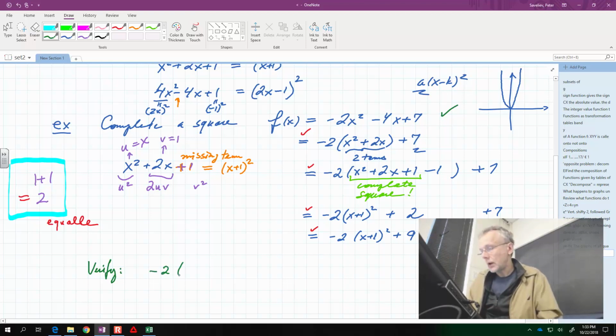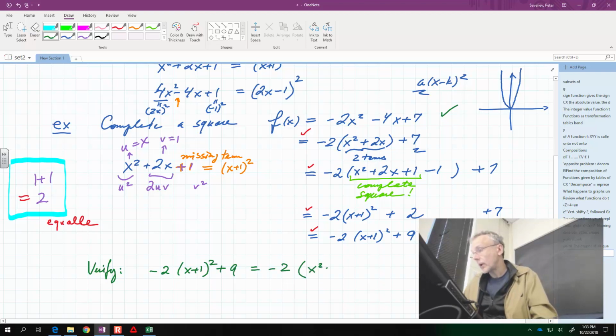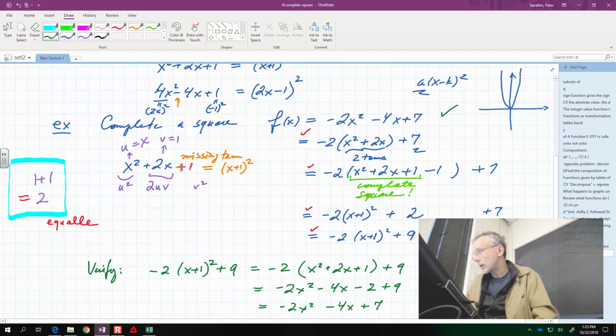So negative 2 times x plus 1 squared plus 9 is equal to negative 2. I expand the square, x squared plus 2x plus 1, simply through multiplication, and I have negative 2x squared minus 4x minus 2 plus 9, negative 2x squared minus 4x plus 7. Okay, so it checks out.